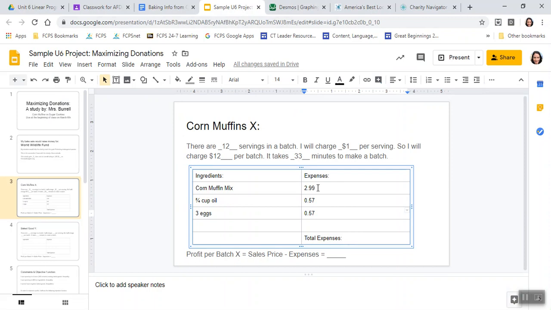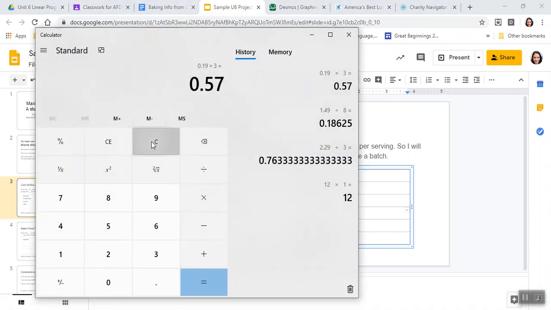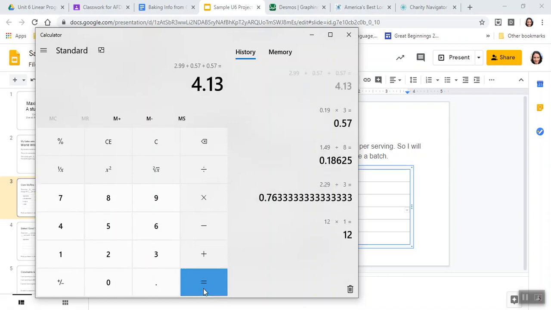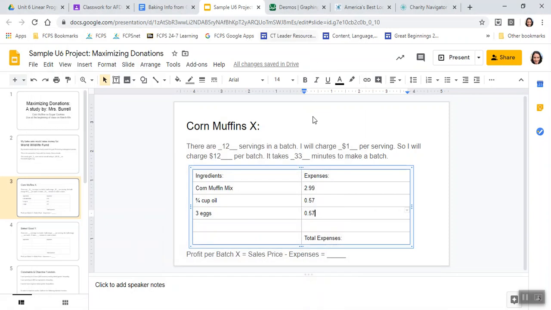So now we need to add $2.99 plus 57 cents plus 57 cents. 7 plus 57 cents. So $4.13.